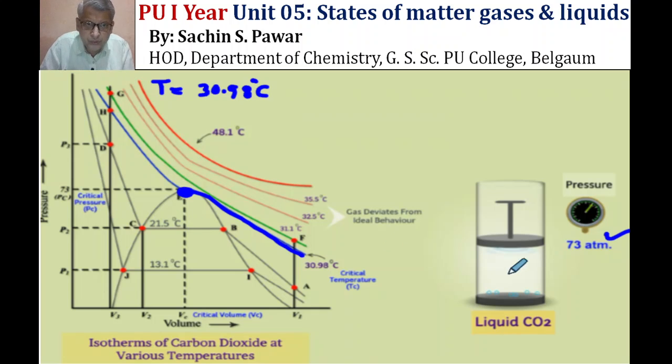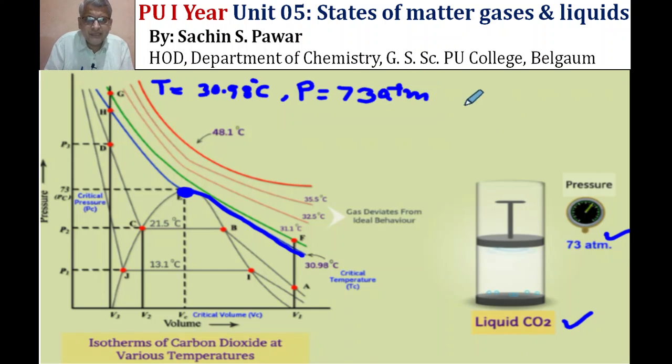At this temperature, you see the liquefaction has started. Some liquid particles are formed. We have got liquid carbon dioxide. So at a pressure of 73 atmosphere, the liquid carbon dioxide is formed, means liquefaction has taken place.